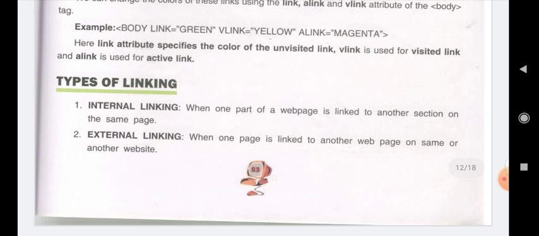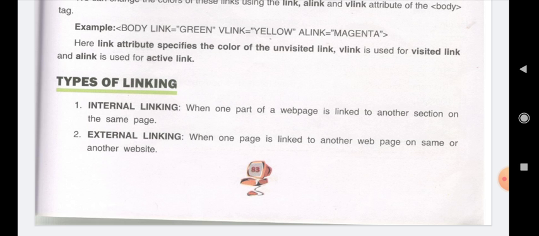Here the types of linking are given: internal linking and external linking. So there are two types of linking in HTML. Internal linking is when one part of a web page is linked to another section on the same page. When we click on an internal link, it will go to another section on the same page.